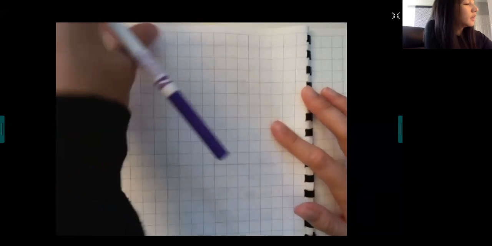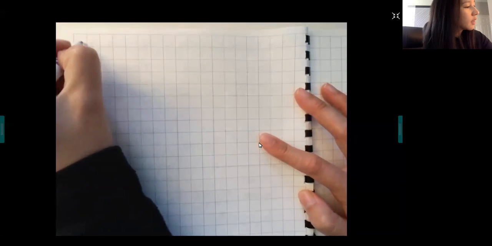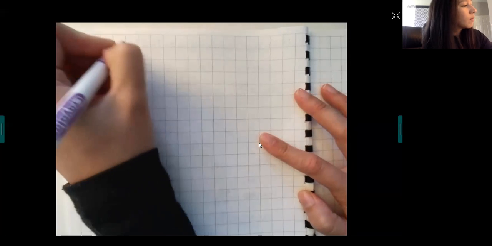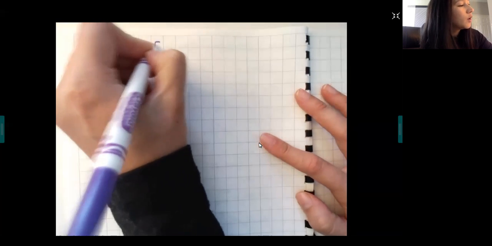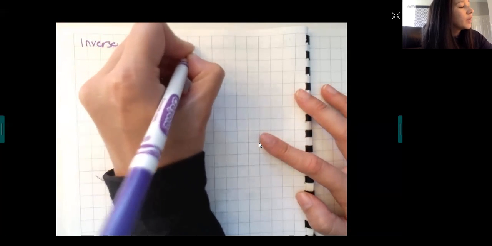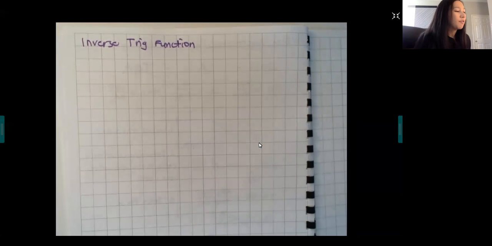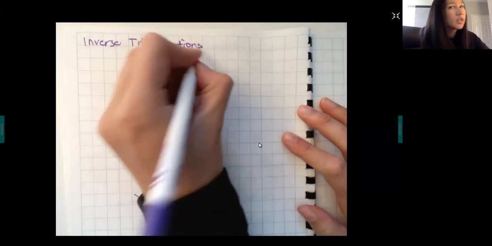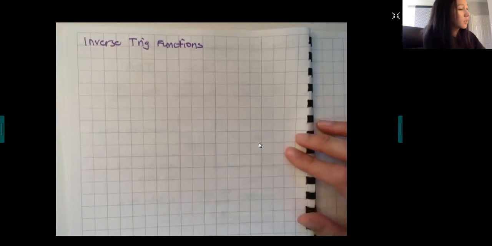All right, so inverse trig functions. Remember last time we used the trig functions to find the missing sides. So we use inverse trig functions to find missing angles.